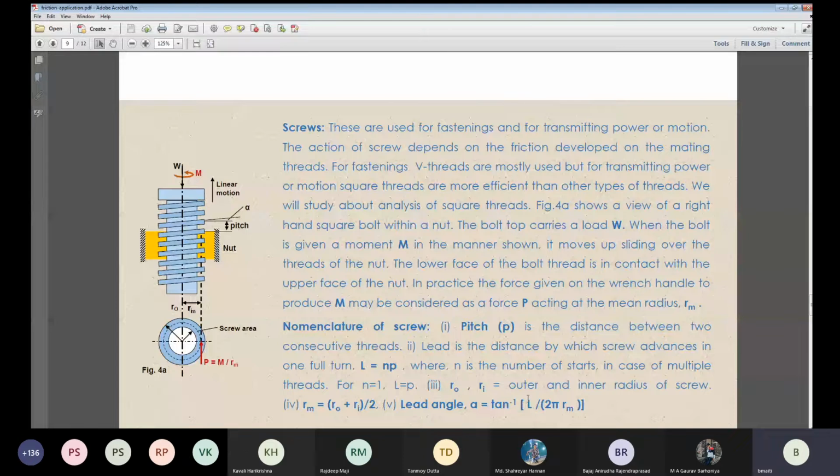Instead of writing L, I write pitch P. This is the pitch P. So alpha equals tan inverse P divided by 2 pi Rm. Is it understandable to you? No, sir. Sir, what is the number of starts? It should be 2 Rm, sir, according to me.